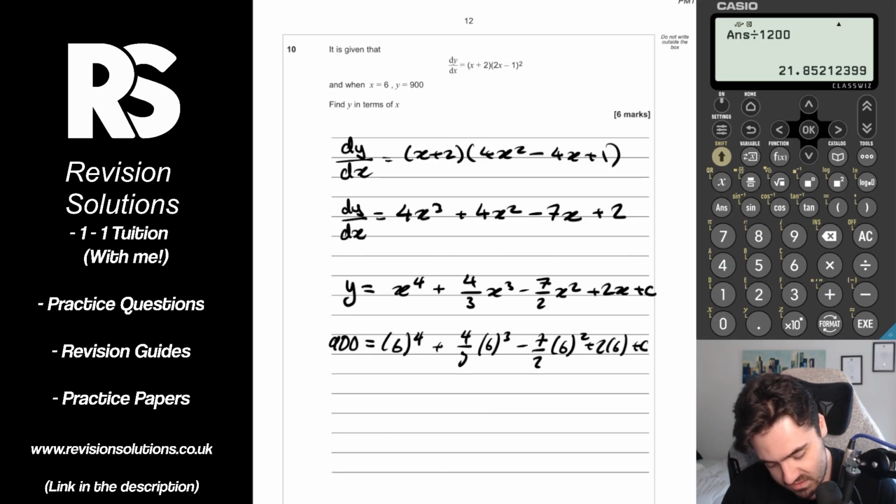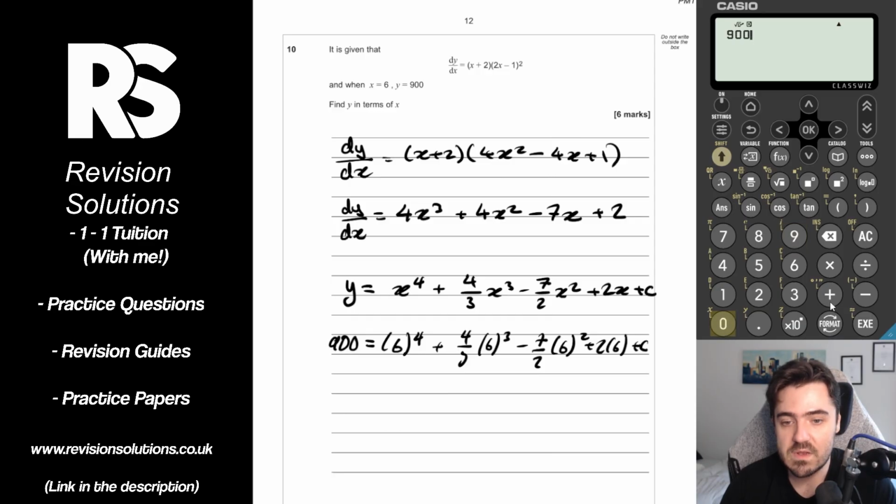So to find the plus c, I need to move all those constants to the other side. So let's use our calculator for that. That'd be 900 minus 6 to the 4 minus 4/3 times 6 cubed, and the next one will be plus 7 over 2 times 6 squared.